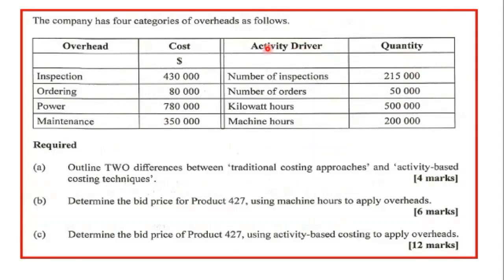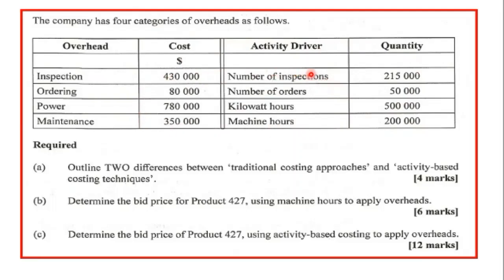On this side we have the activity driver, the quantity: number of inspections 215,000, number of orders 50,000, kilowatt hours 500,000, and machine hours 200,000. Now these figures are for the entire year.